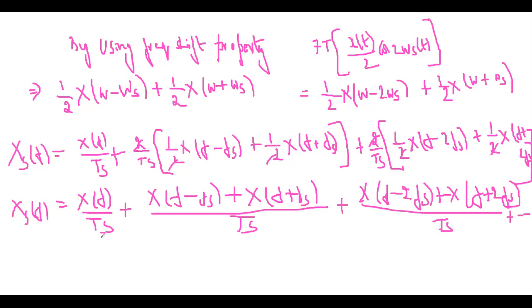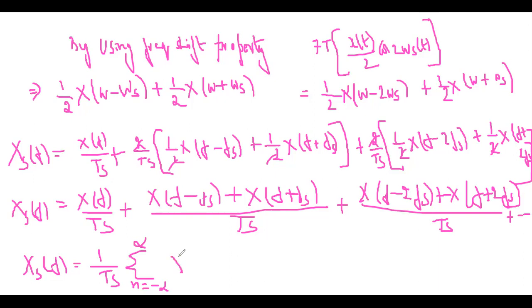Okay, my dear friends. Now Xs of f is equal to, take all the terms since 1 by ts is common. Now I am writing this as a sum of n equal to minus infinity to infinity. When n is equal to 0, you will get this one, and n is equal to 1, and n is equal to 2, and so on, and n is equal to minus 1, minus 2, and so on.